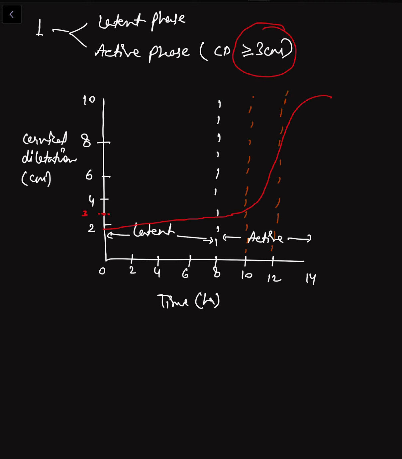One is acceleration phase, second is phase of maximum slope, and another one is phase of deceleration.